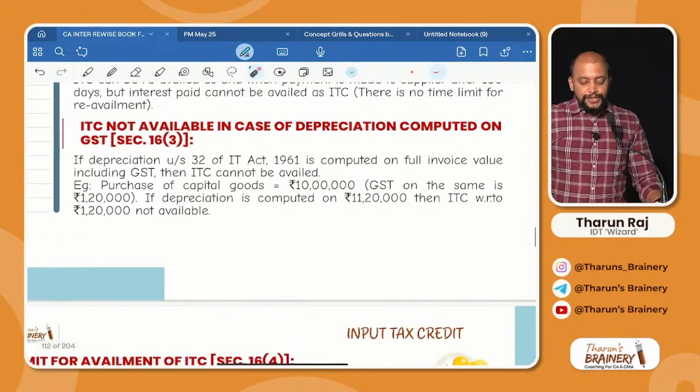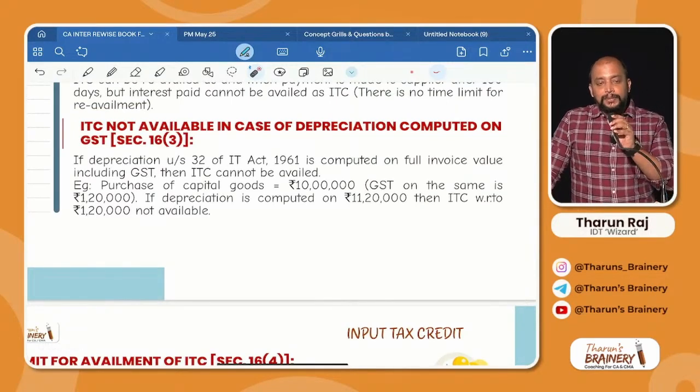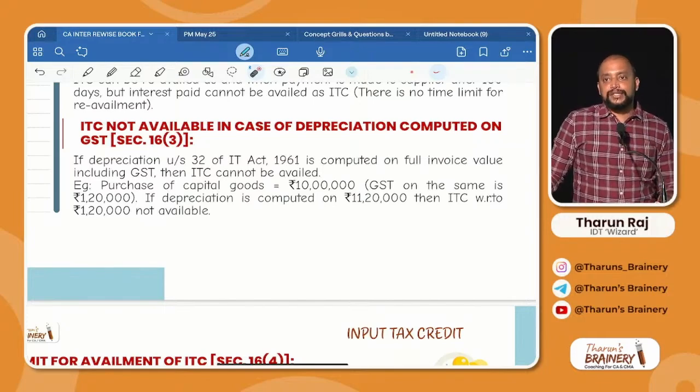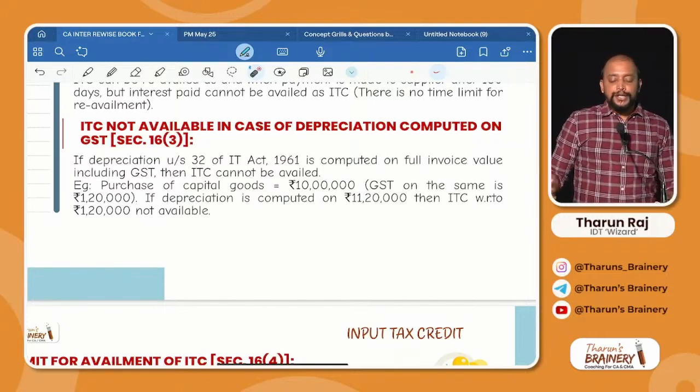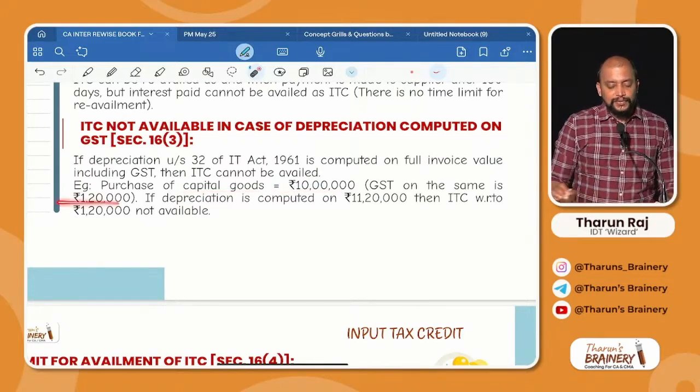Then look into section 16 subsection 3. ITC is not available in case of depreciation computed on GST component. For example, you're purchasing capital goods. What is the value of the capital goods? 10 lakhs, and GST on the same is 1,20,000.